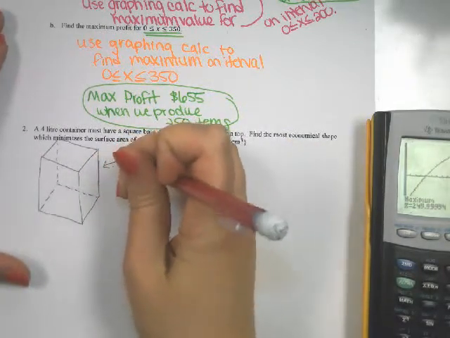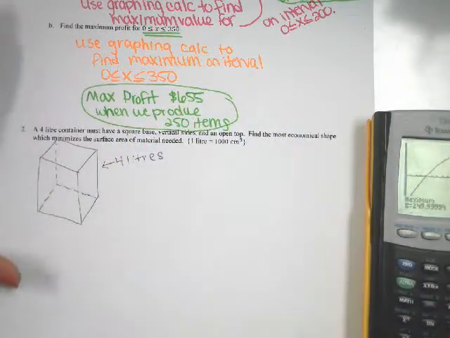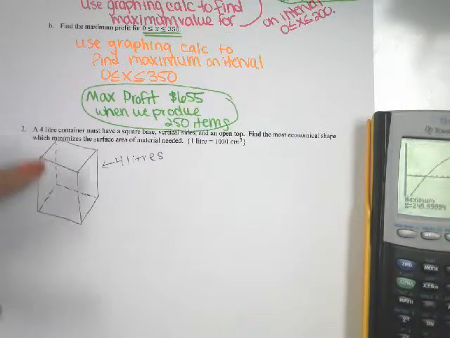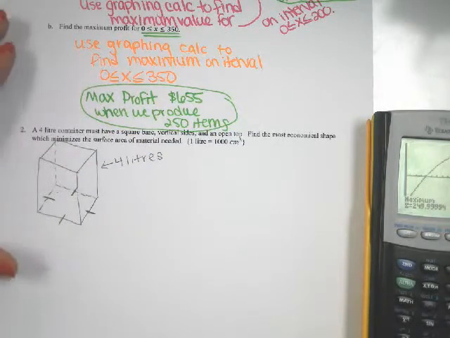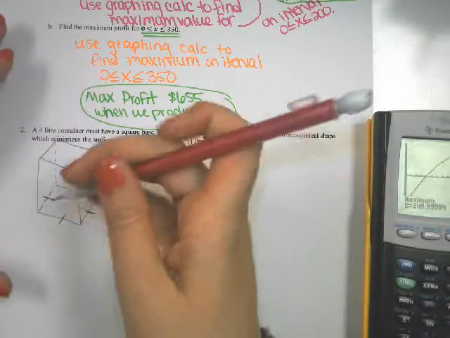This container holds 4 liters, which is a measurement of volume. It has a square base, so all the sides of the base are equal in size. It has vertical sides and an open top. Find the most economical shape, which minimizes the surface area of material needed.